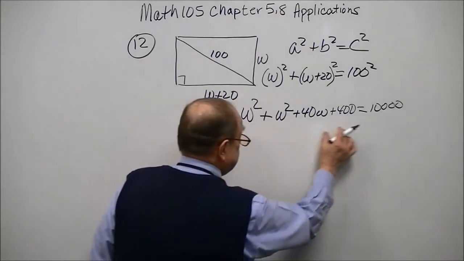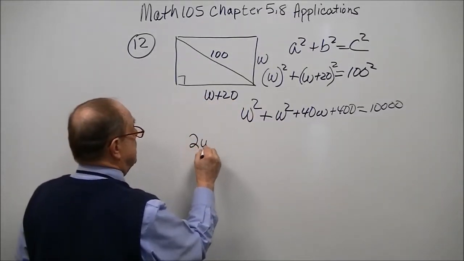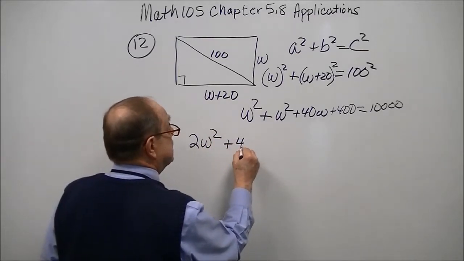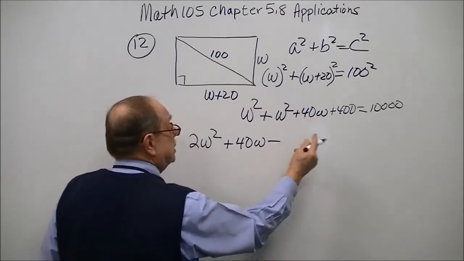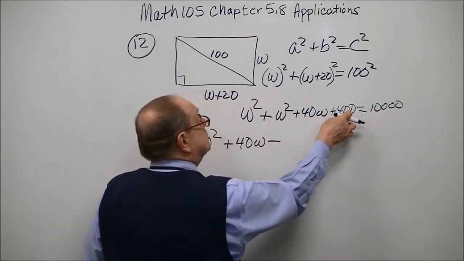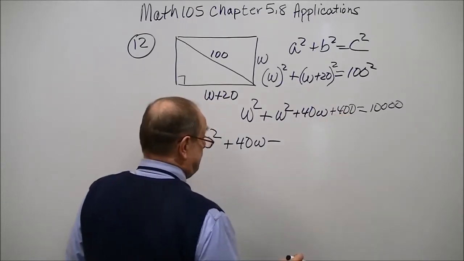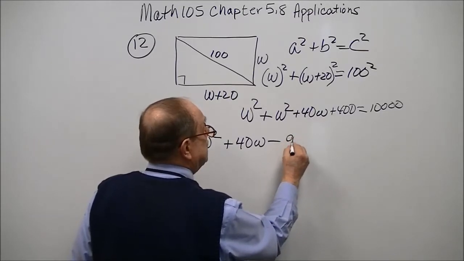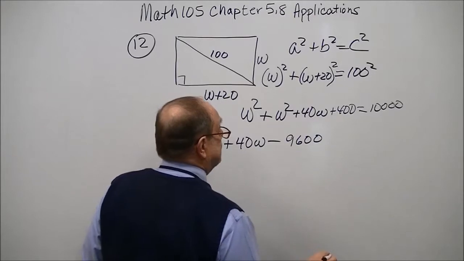We're going to group like terms, so we get 2W squared plus 40W. Now we're going to bring the 10,000 over and subtract 400 from it, and that'll give us a negative 9,600, I believe that.